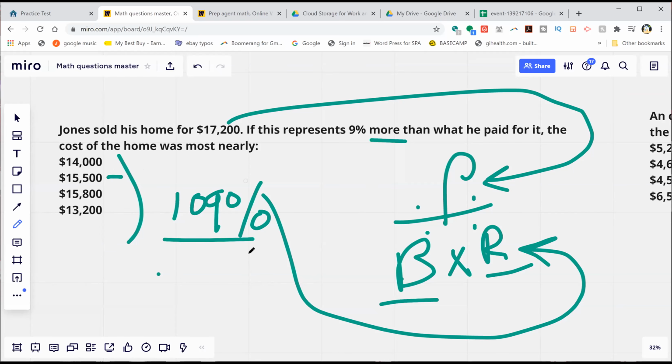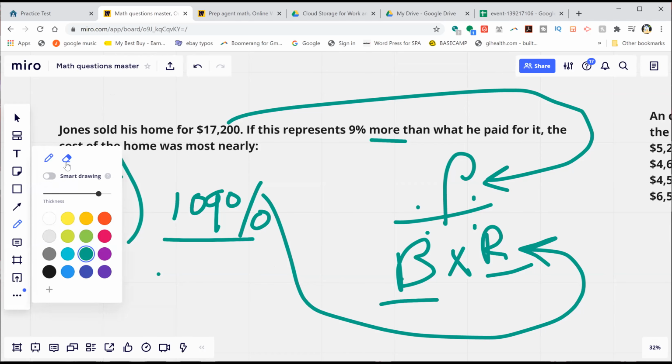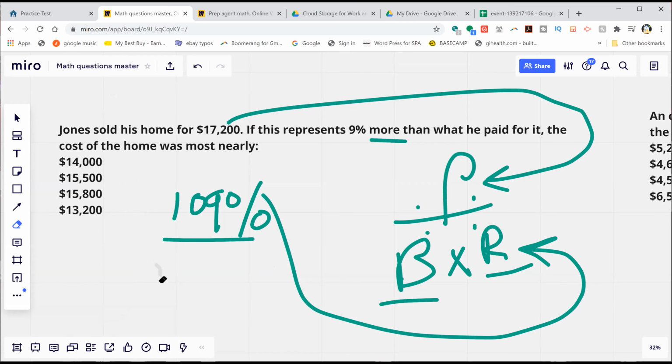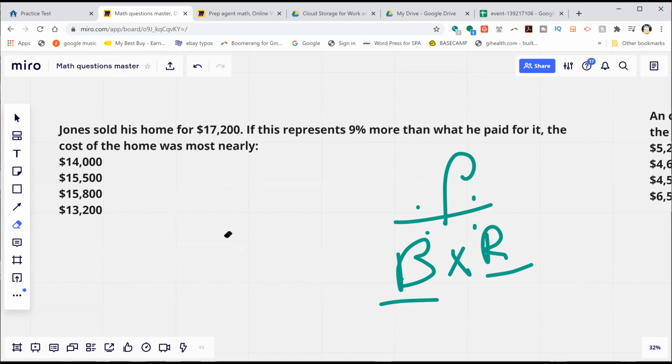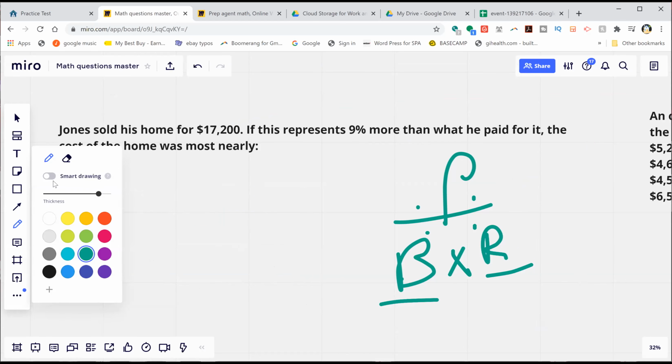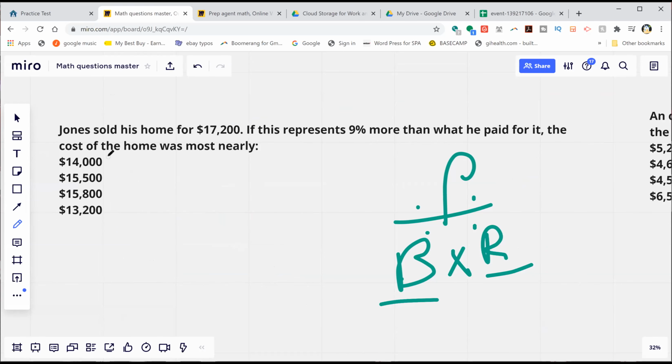And let me show you a couple different ways you could have done this, because your brain might be mushy potatoes right now, where you say, Stu, I totally will never do it that way, no matter how many times I watch this. And that's cool. Because here's the thing. You could multiply each one of these by 109%.